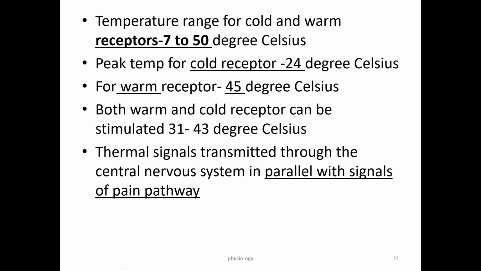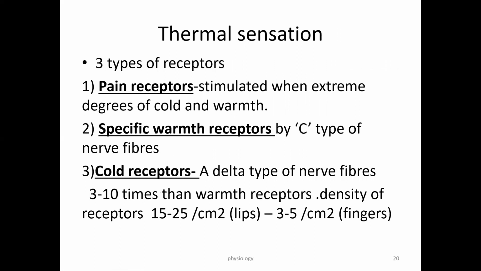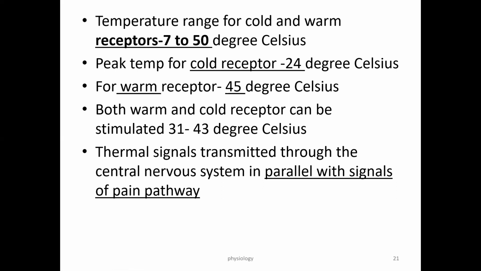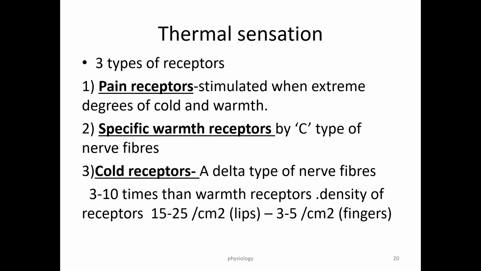And this pathway, that is, thermal signals arising from these 3 kinds of receptor, the pain receptor, specific warm receptor, and cold receptor, get activated, then enter and cross immediately in the spinal cord, and along with the pain pathway they go to the thalamus and then to the somatosensory cortex area.